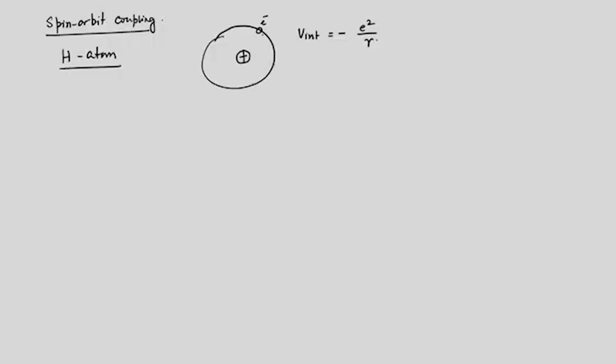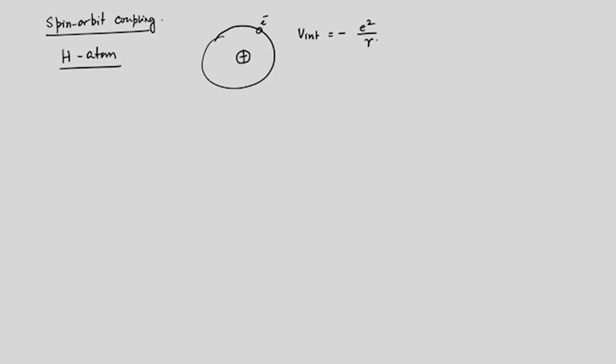So, that is Bohr's assumption, which is of course correct, because had it not been correct, nothing would have existed in nature. So, this electron is of course, as I said, moving in a circular orbit.